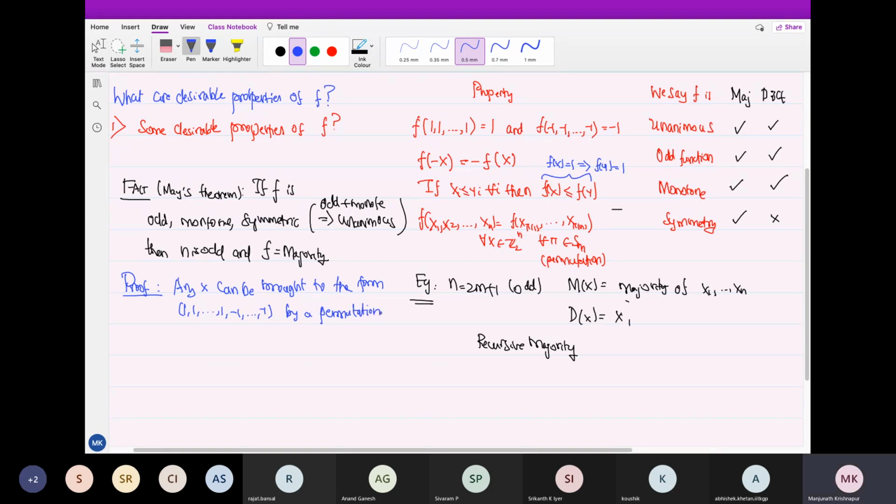There are many permutations which do this, but any x will be after a permutation brought to this form, right? So let us say here there are k ones and n minus k minus ones.